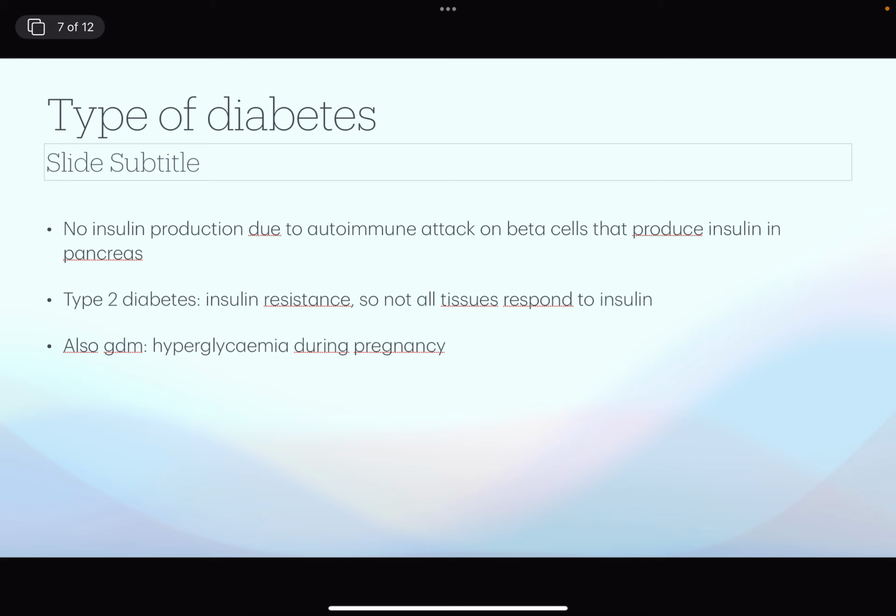But if you have type 2 diabetes, it means that when insulin is secreted, this glucose will not be taken up by the cells, and this would lead to very high glucose levels in the blood, which means severe hyperglycemia. Also, you have GDM, which is basically when you have hyperglycemia during pregnancy.